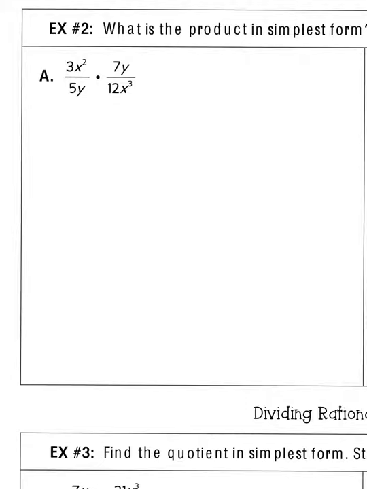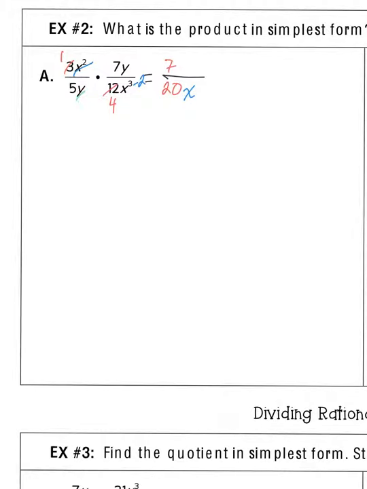Again, I like to start with my numbers first. So 3 goes into 3 once, 3 goes into 12 4 times, and then the 5 and the 7 cannot cancel with anything, and so you're left with 1 times 7 is 7, and 5 times 4 is 20. Then I typically will go alphabetically. So I can cancel these x's with 2 down here, so I'm left with 1 x in the denominator.